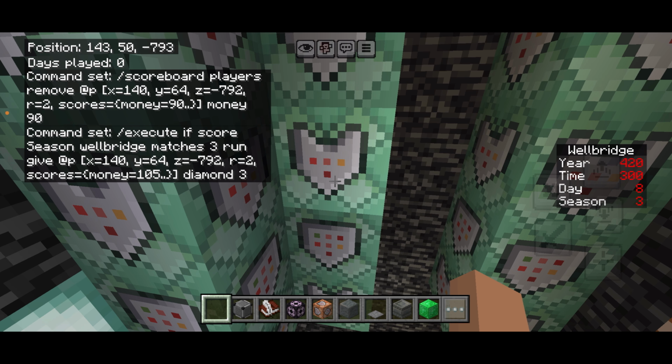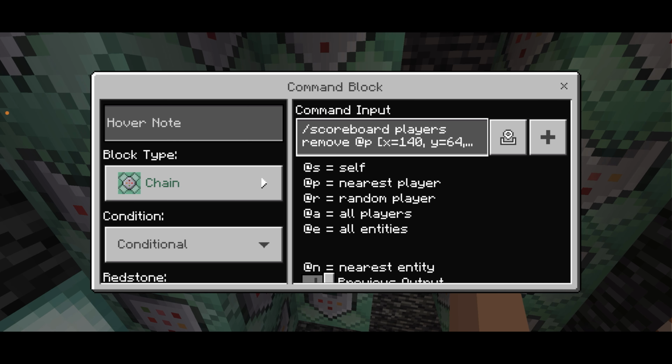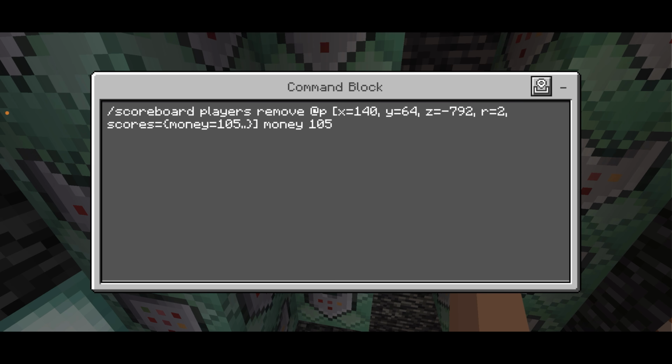The second one, chain, conditional, always active. And now we've given them the goods, we're going to take their money.